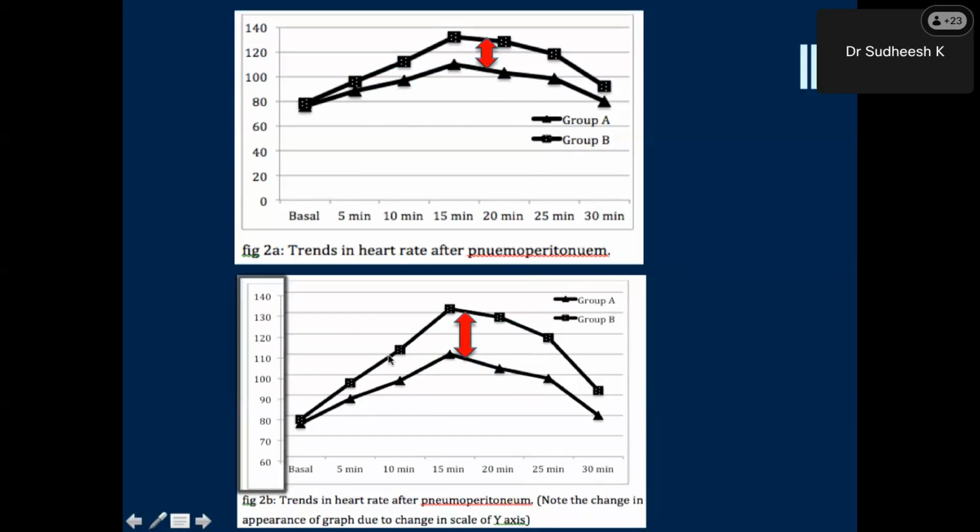It is because of the selection of an appropriate axis scale. If you don't select the appropriate axis scale, you will not be able to show the difference between the two groups. So based on your results and their statistical significance, you can change the scale appropriately to show the significance in the graph.